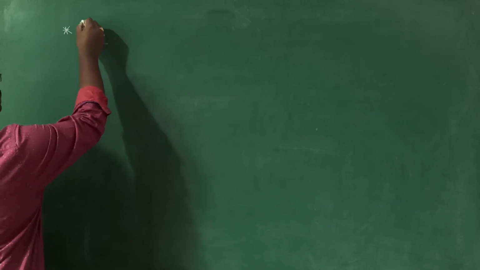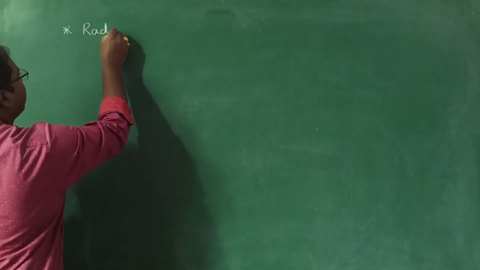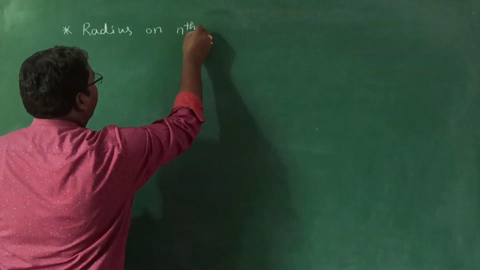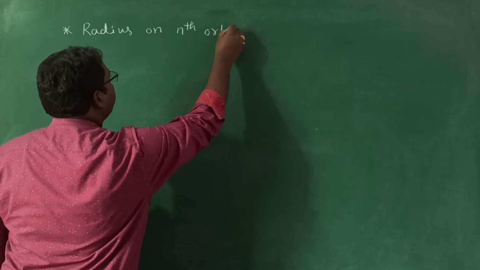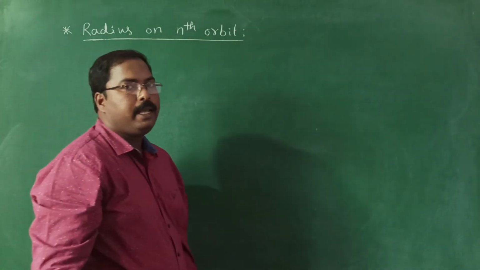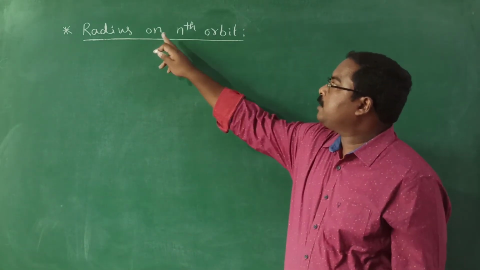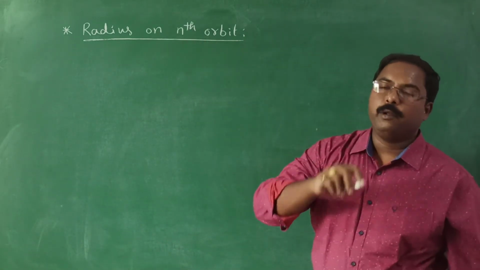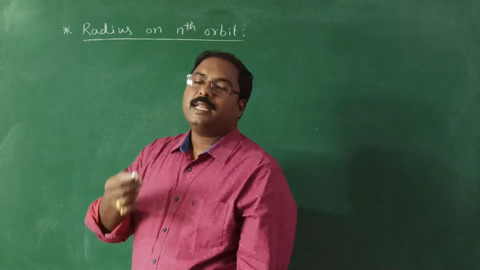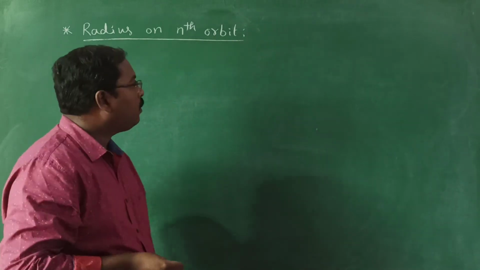Now, here the subheading is radius of nth orbit. In this lesson, related to Bohr's theory, we will get mainly two concepts: the radius of the orbit, one formula, and he also explained the calculation of energy, so related to energy, one more formula.